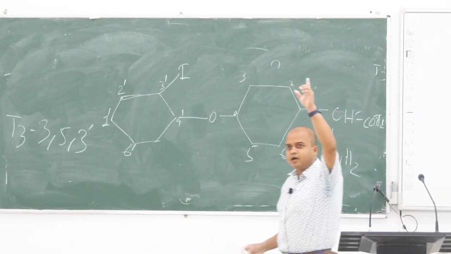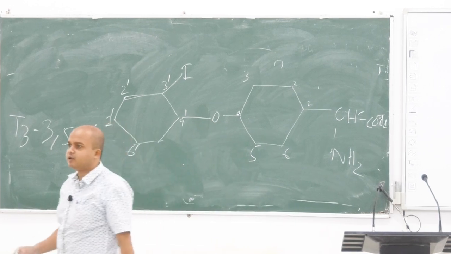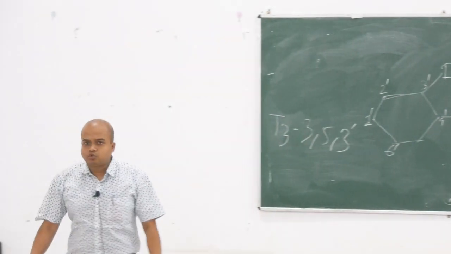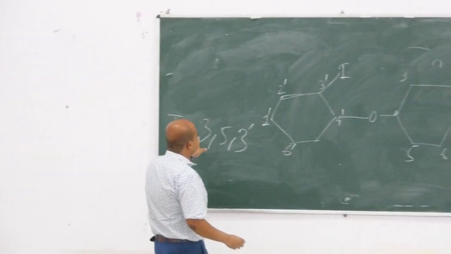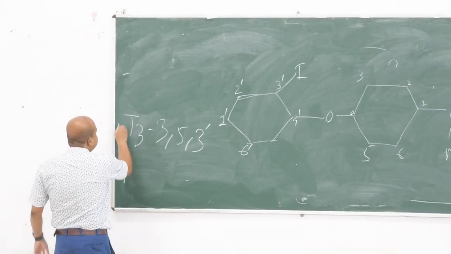So first we started from how iodine is incorporated. Next is this. So this is complete. So T3, T4, and what is RT3?